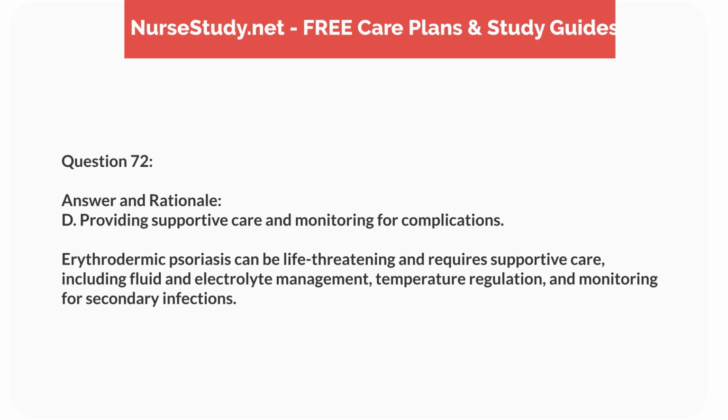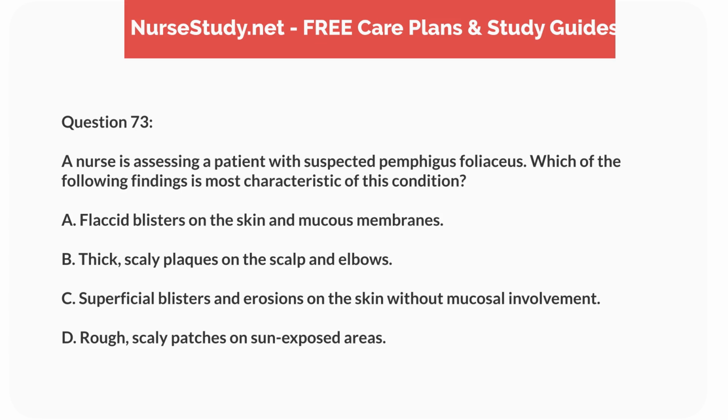infections. Question 73. A nurse is assessing a patient with suspected pemphigus foliaceus. Which of the following findings is most characteristic of this condition? A. Flaccid blisters on the skin and mucous membranes. B. Thick, scaly plaques on the scalp and elbows.